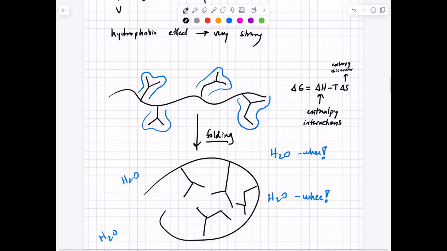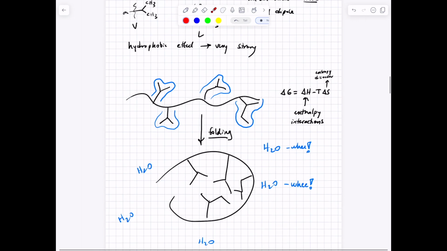Normally, you might think the process of protein folding, of going from a random coil to something that has helical secondary structure and other things, involves a dramatic loss of disorder or a dramatic increase of order. That's true, but only if you limit yourself to thinking about what the protein is doing. But protein folding happens in water, and so you also have to consider how folding impacts water.